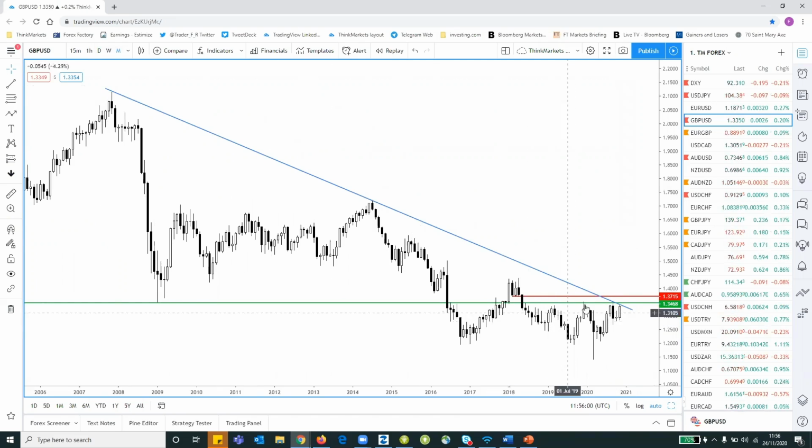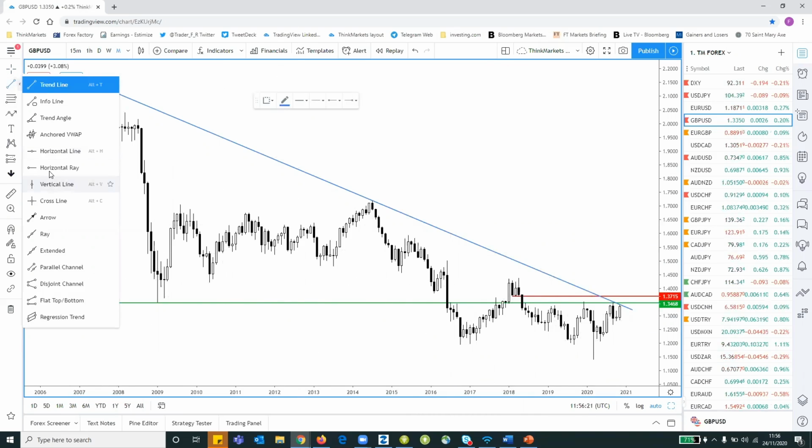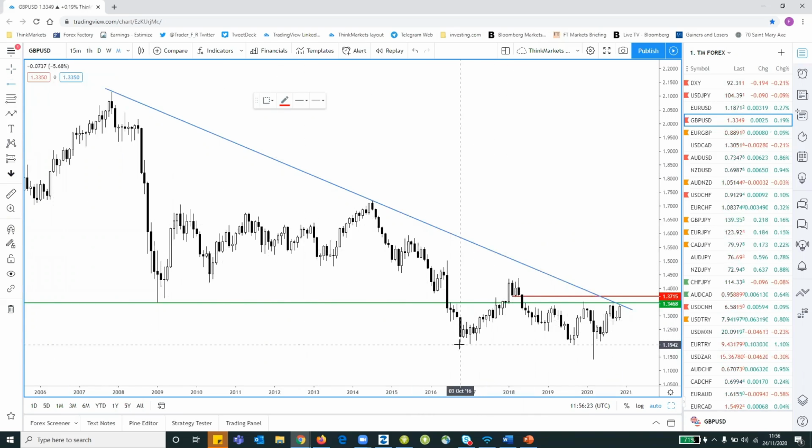So obviously it could go either way, but the current trend is bullish. Go ahead. I was just going to say, from a fundamental standpoint, we have the fundamentals necessary for the British pound to get stronger.